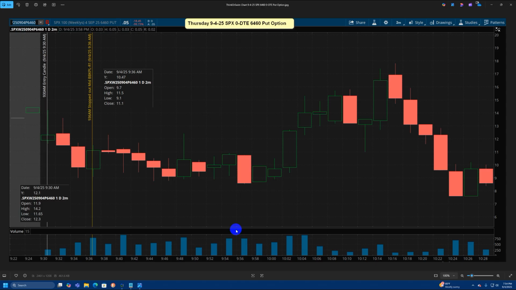Okay, so here we have the 6460 put option chart. This is the 0DTE option for today, Thursday, 9/4/25. Here's the 9:30 entry candle here. As you can see, it opened at 11.9, had a high of 14.2, a low of 11.65.